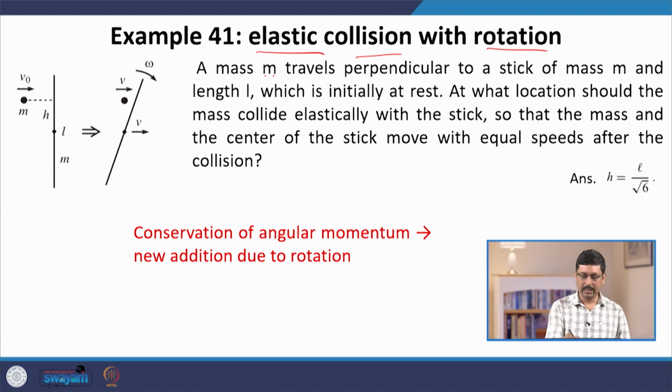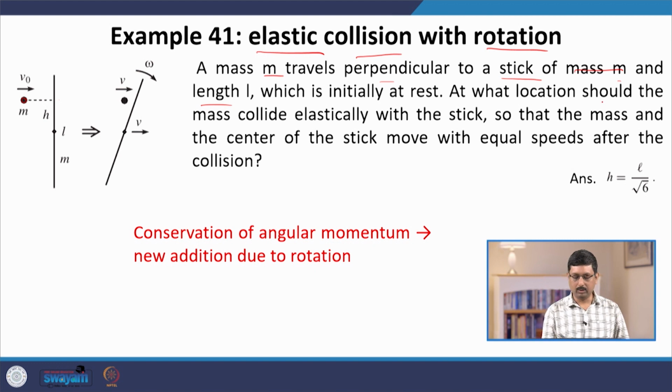So, a mass m is travelling perpendicular to a stick of mass capital M and length L, which is initially at rest. There is a mass m travelling along this line, and it hits the stick at some distance h from the center of the stick.